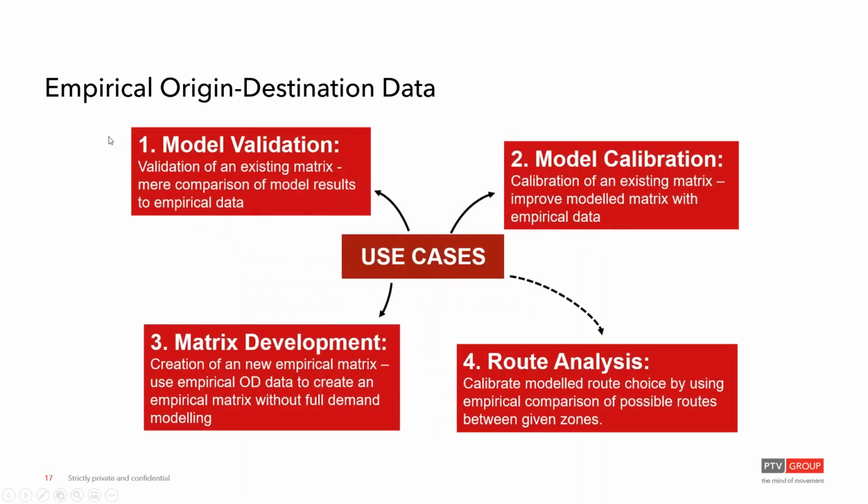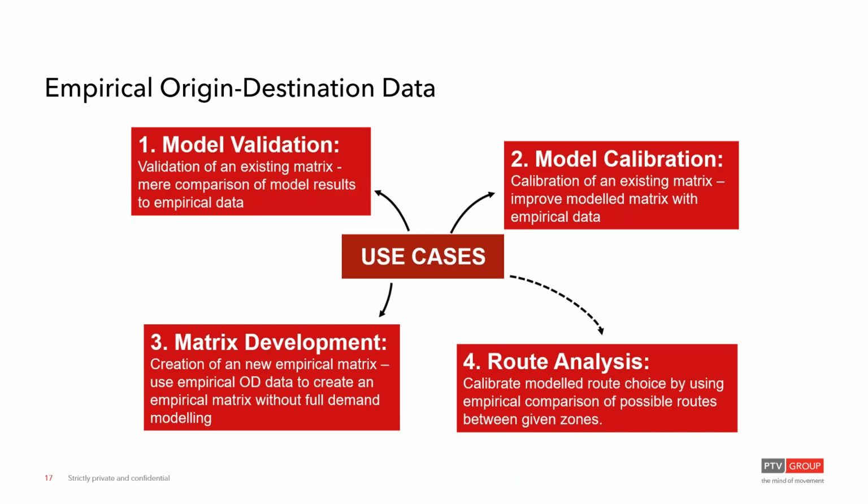But anyway, we can use the origin destination data from these empirical sources for validation of an existing matrix compared to our model results. We can also use it for model calibration, so we can improve the modeled matrix with the empirical data.